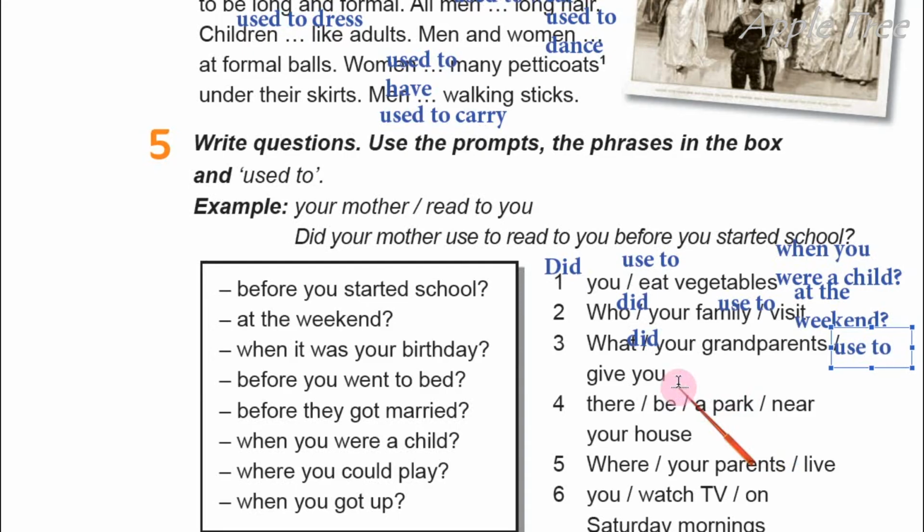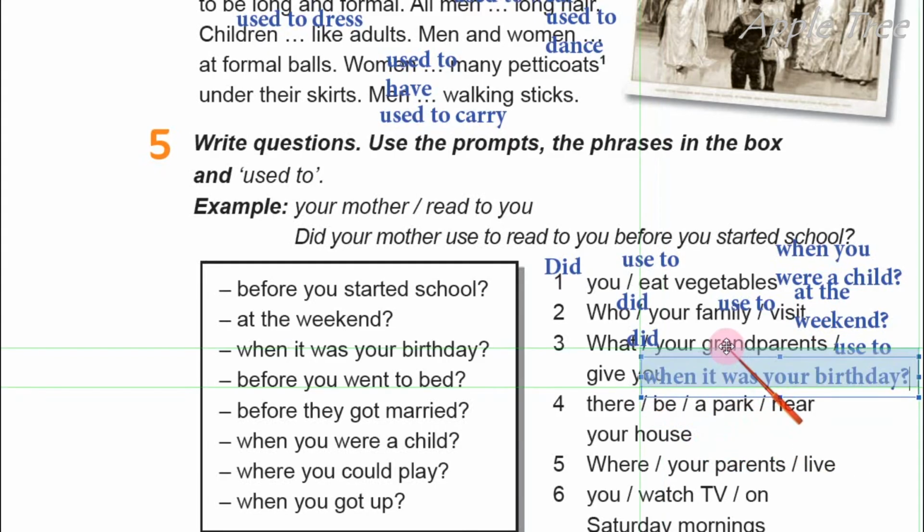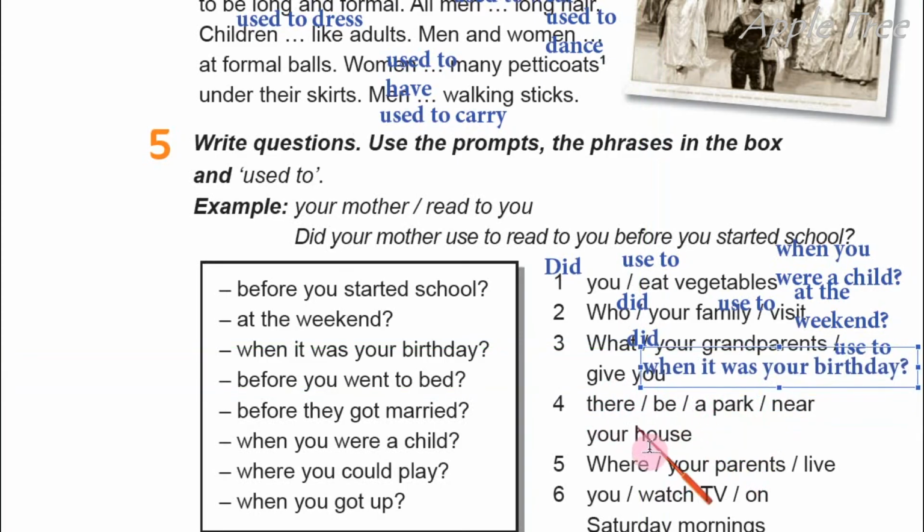So, when it was your birthday, коли, ну, на твій день народження, так? When it was your birthday. Коли був твій день народження, так? Далі. There be a park near your house.